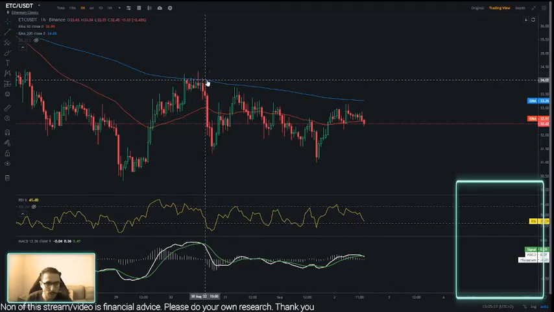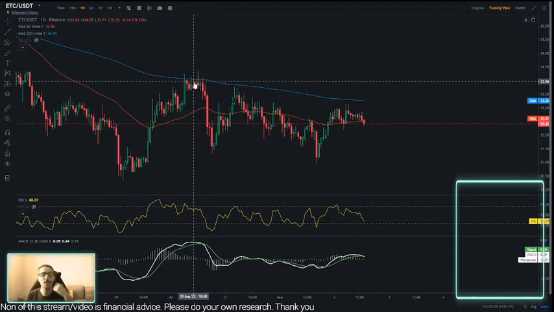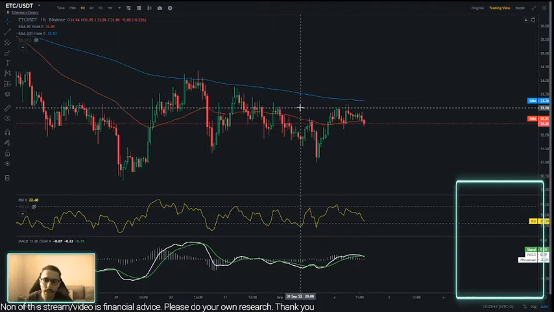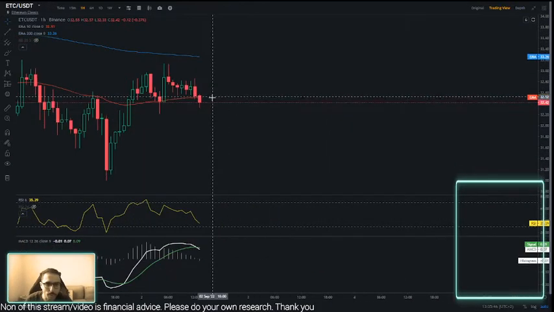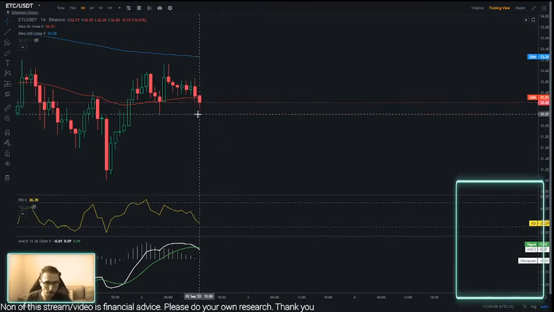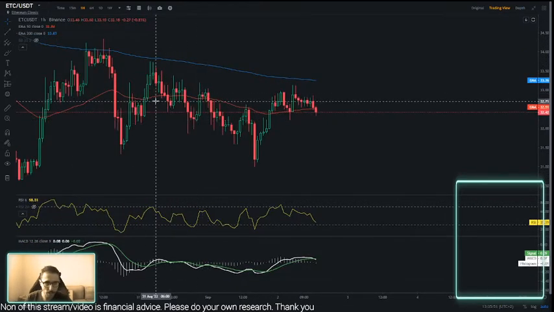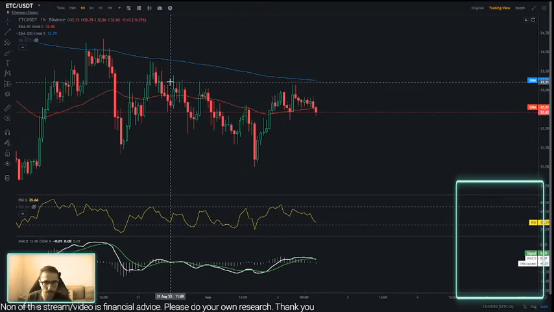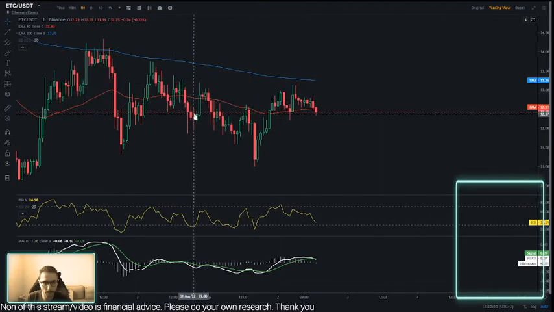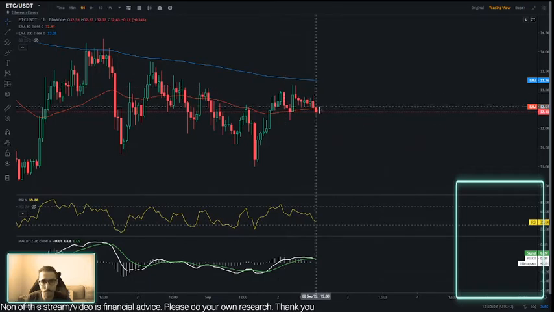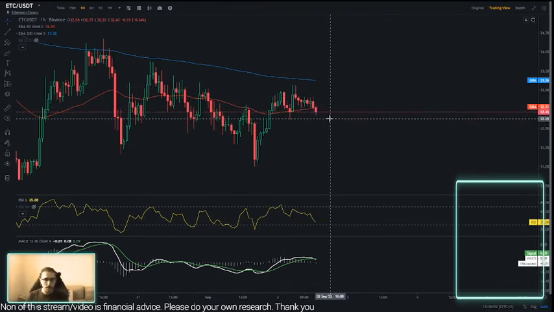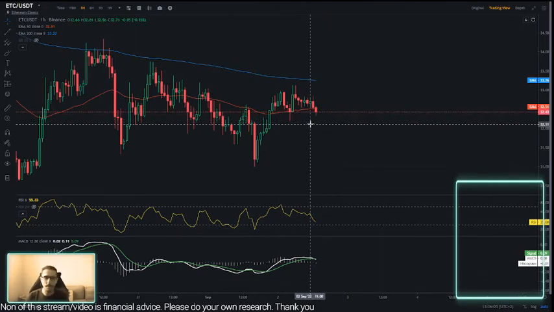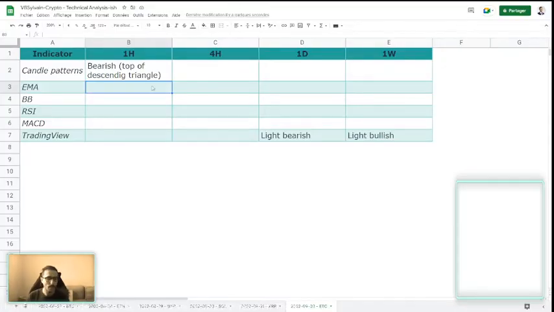As we can see here, we tested it and we could not close above and break through. Right now we are just below it, so maybe we could see some action like we saw here. We go down under it, then above it, then under it, then above and under, then above, etc, etc. So could signal some bearish action here on the Ethereum Classic. Alright, so I would go for bearish here.